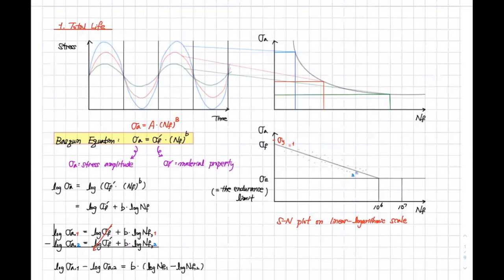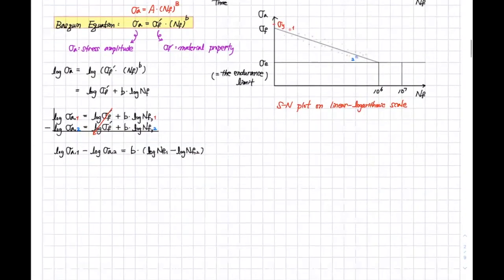Okay, and then you know this, you know this, you know this, you know this, you don't know this. Then now you can calculate the b. So the b is equal to amplitude 1 minus amplitude 2 over cycles 1 minus cycles 2.